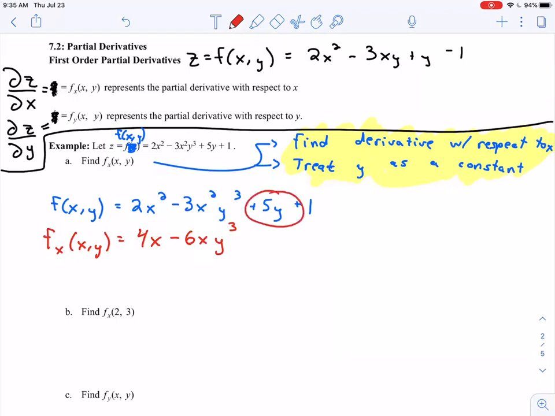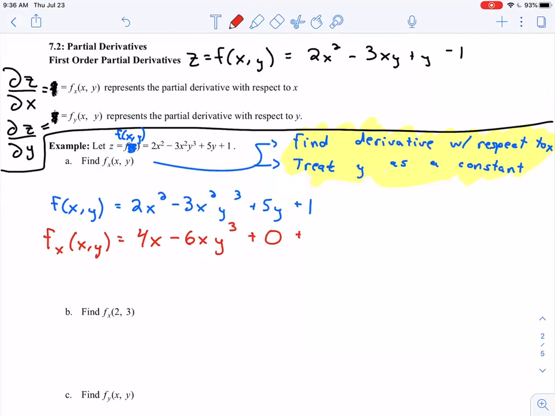Then I see this right here, a term that only has a y. So here's where this is going to come into play a little bit more. Hopefully this will be a little bit easier to digest here. It says treat y as a constant. So that means 5, which is a constant, times y, which is a constant. This term right here, 5y, that is a constant. Well, I know that the derivative of any constant is 0.